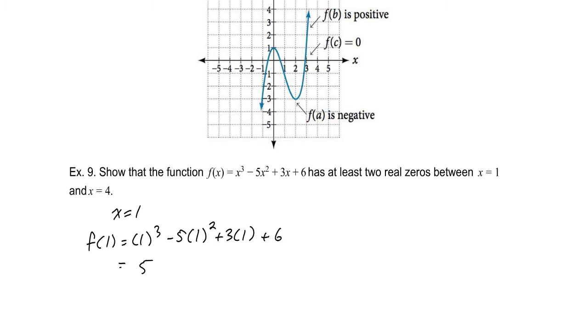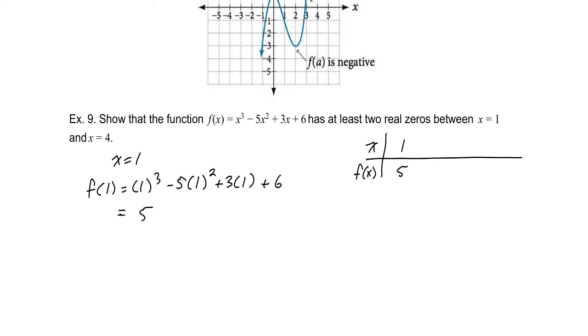Okay, f of 1 is 5. So let's keep up with what I'm finding over here at the table. If x is 1, f of x is 5. And we know the other endpoint is 4, so we may as well evaluate that.